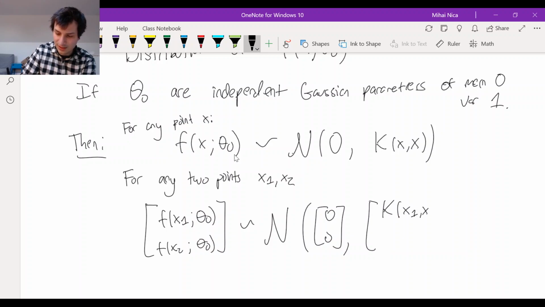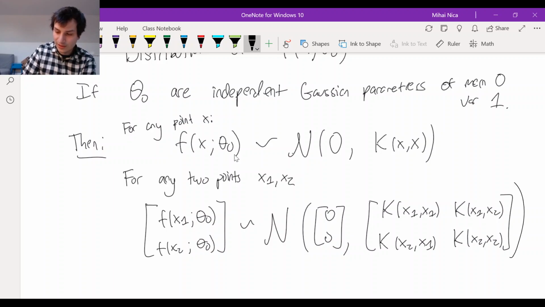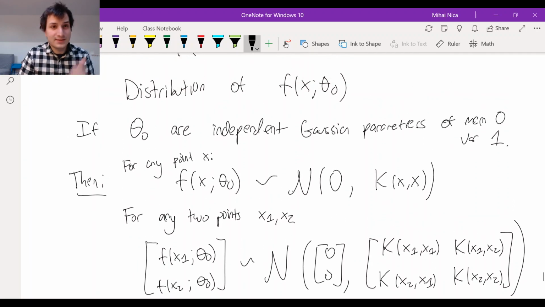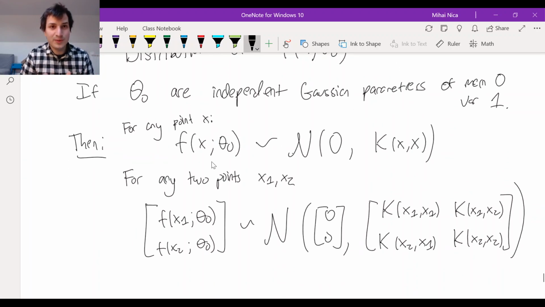So you have k of x1, x1 and k of x2, x2, those are the variances, and the covariance is k of x1, x2 and k of x2, x1. So if you want to know what is happening at initialization, it's a Gaussian, and no matter how many points you pick, here I did it with 2, in the notes it's written with any number. For any finite collection of points, it's also Gaussian, and the covariance is given by this kernel k.